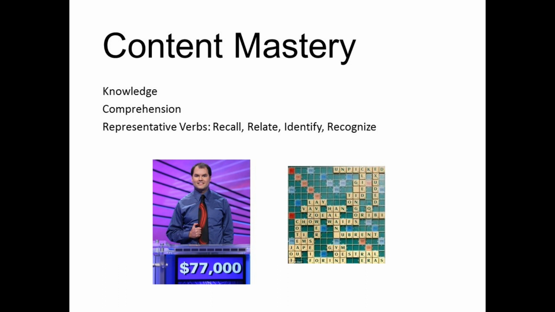Jeopardy champions are able to easily recall information when they need to address a particular question. Or if you want to be a champion at Scrabble, to be that sort of know-it-all, you need to have a large vocabulary and be able to rearrange letters in your head in order to spell the words that you know.